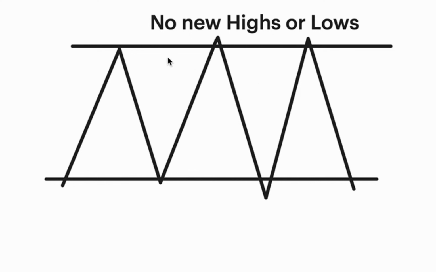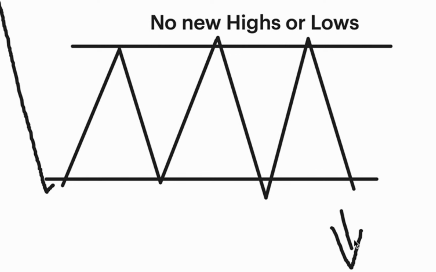Let's say that on a higher time frame we're coming from a big downtrend. With this consolidation, we can assume it's more likely to go lower. Obviously we don't know when, but the likelihood of price going lower is higher than price going higher.